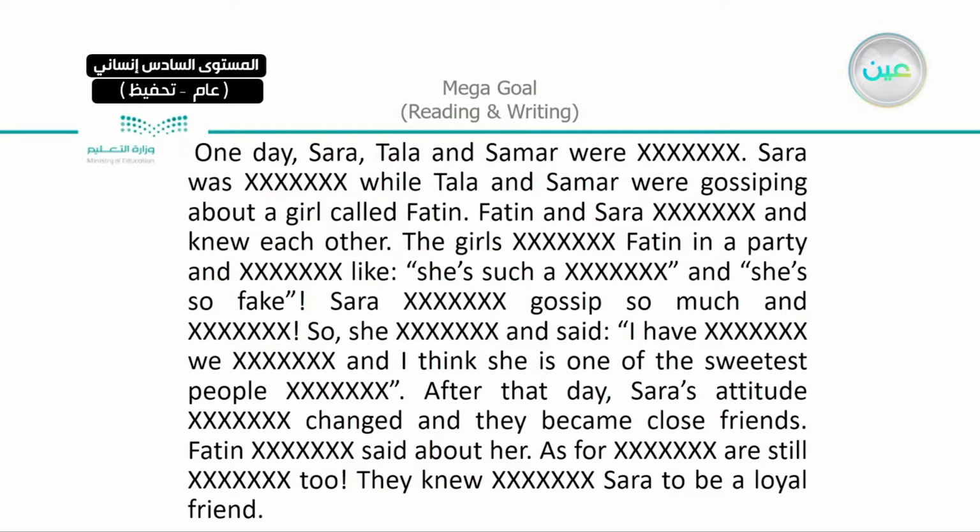Now, you can see that this paragraph, although some parts are missing, you still can understand. You can still understand that the paragraph is about a group of friends. We have here Sarah, Tala, and Samar. You can know the basic idea of the paragraph, that there was gossiping, and they were talking about someone else, and someone got angry. And you can still get the conclusion that someone came, they became friends, and other people appreciated their friend more.